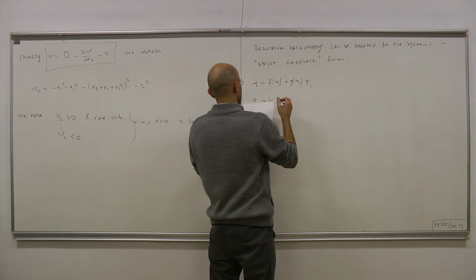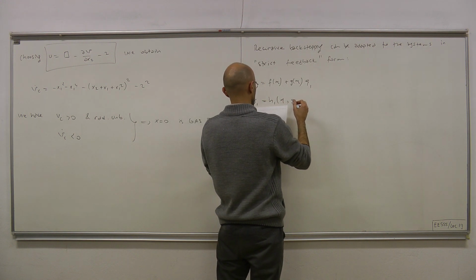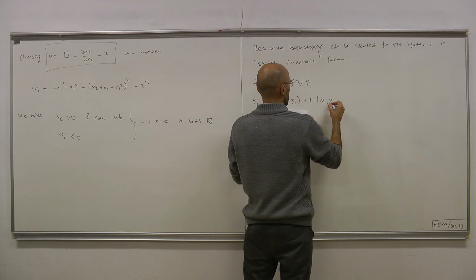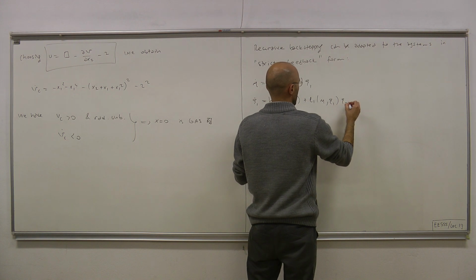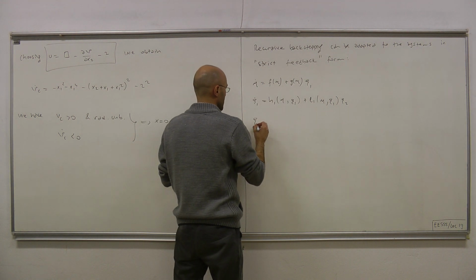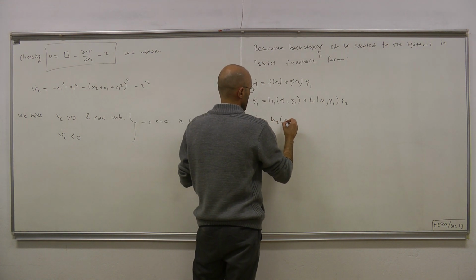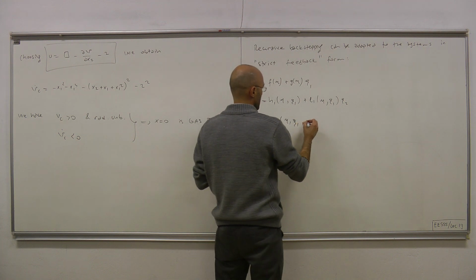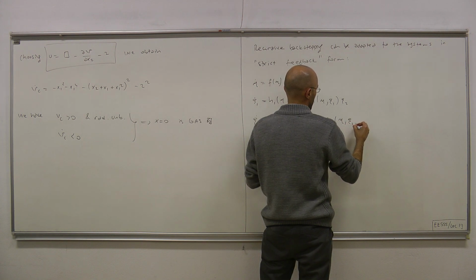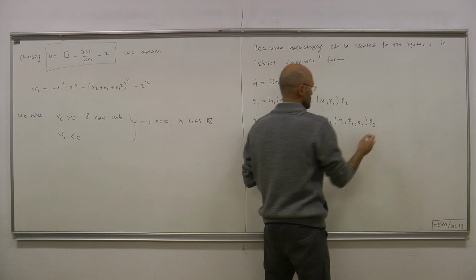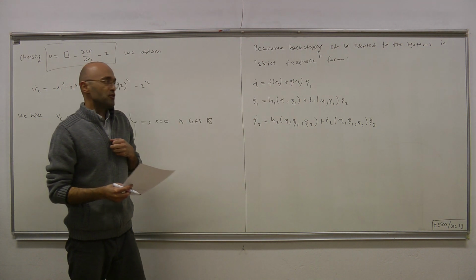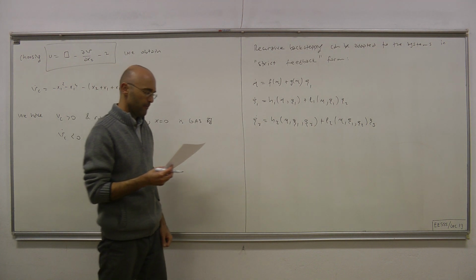So let's write it as h1 eta psi1 plus L1 eta psi1, multiplied by psi2. Then psi2 dot equals H2 eta psi1 psi2 plus L2 eta psi1 psi2 times psi3, and so on. Here, even though eta is a vector in Rn, in general, all the psi's are scalar.